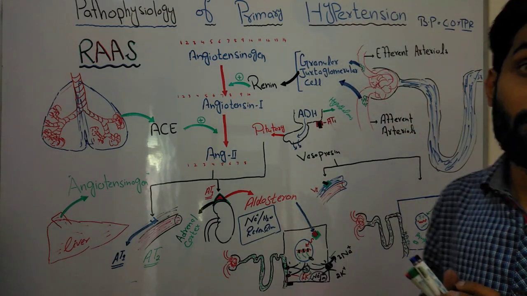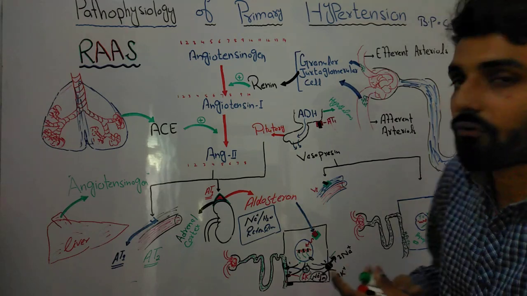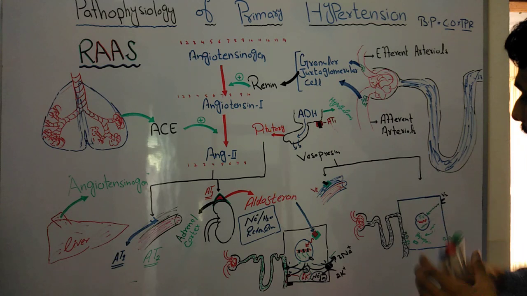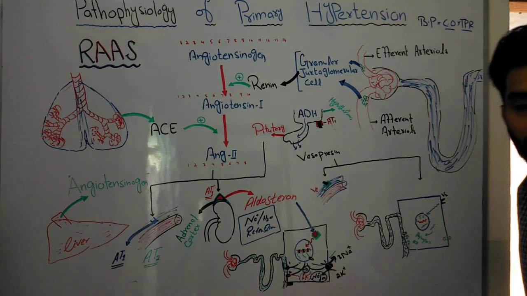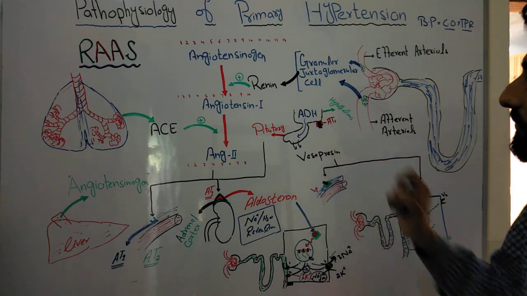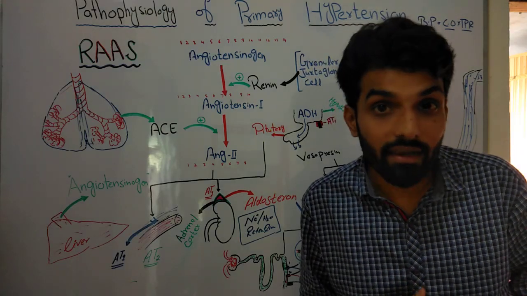There is another very important function that is performed on the collecting duct of the nephron. Vasopressin has receptor V2 on the surface of the cell, on the plasma membrane. Why not inside the cell? Because vasopressin is basically a peptide hormone, and peptide hormones are polar in nature.